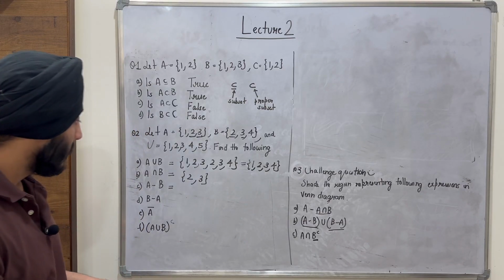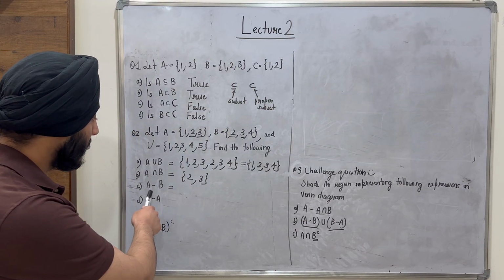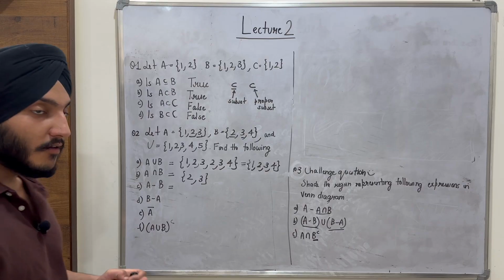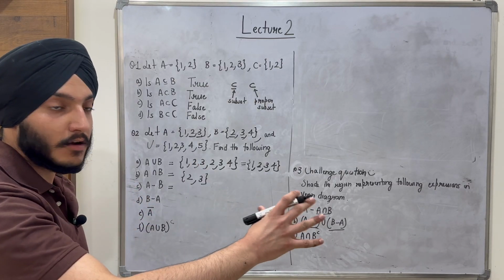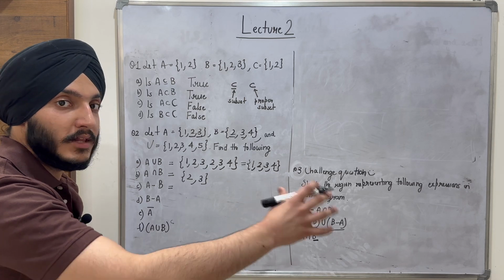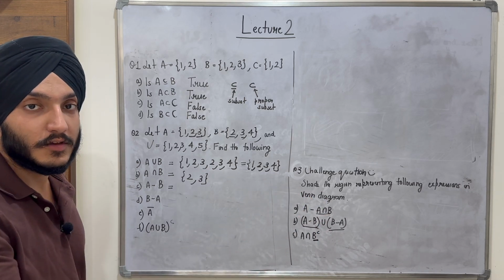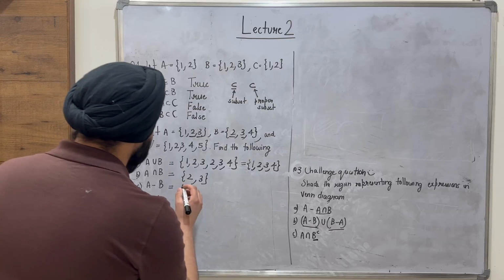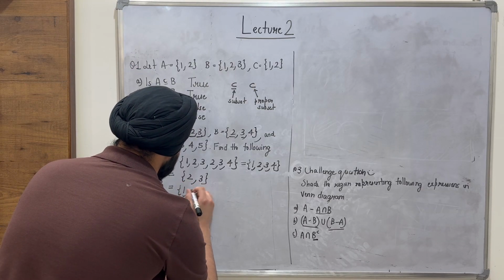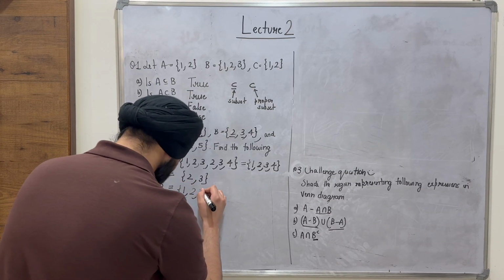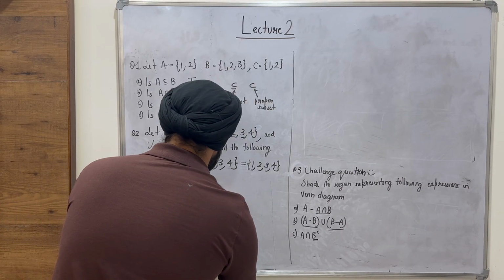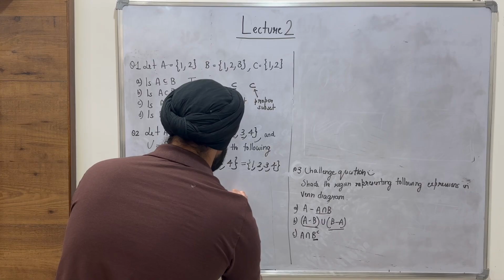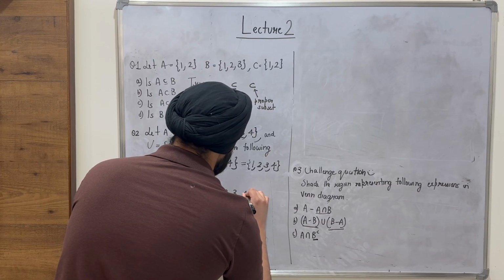Okay, moving on, let's try to understand what is A difference B. A difference B basically means I have the set A and I'm taking out all the elements which are common to both the sets. I'm given A, which is 1, 2, 3, and I'm given B, which is 2, 3, 4.